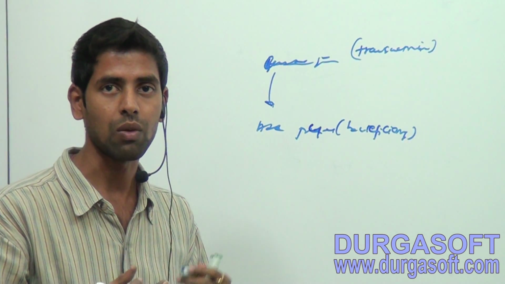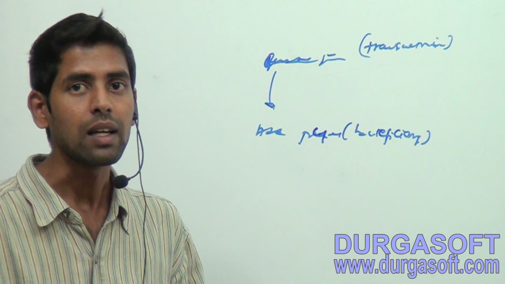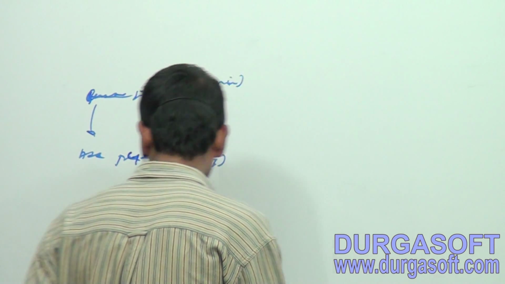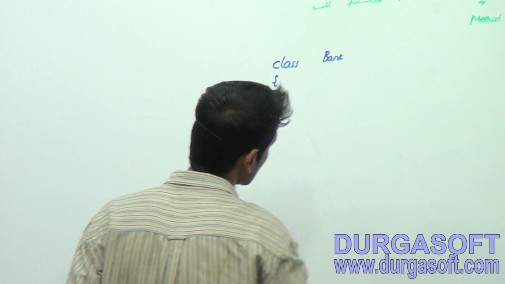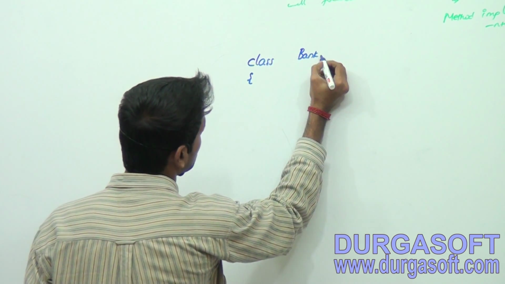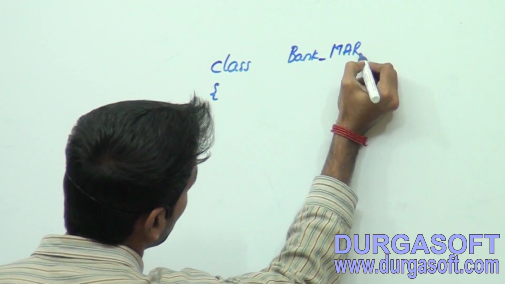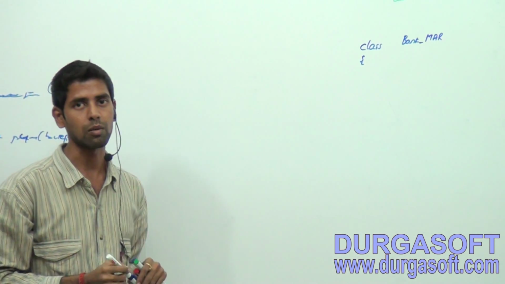I want to check whether that user is available in my bank. Let me change the class name to BankMAR. Let it be some bank that is available.